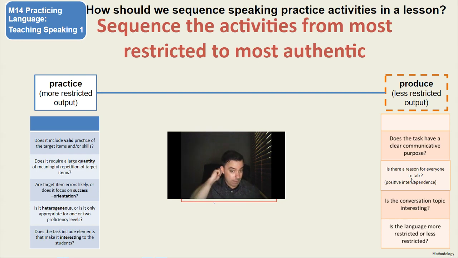Well, if the teenager is just not saying anything, then the role play doesn't work, right? They all have to be doing their part. So we would say that has a high positive interdependence. It's a very important thing with fluency activities. Not to give away too much about where vacation money would be on this continuum, but just a tip.